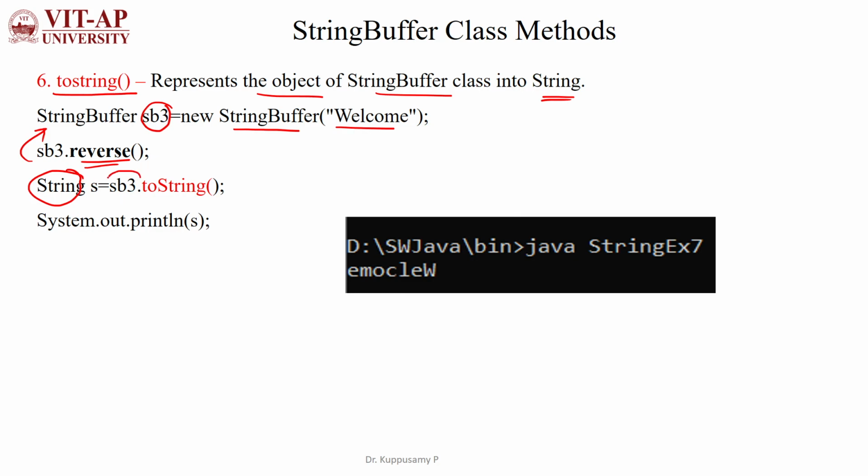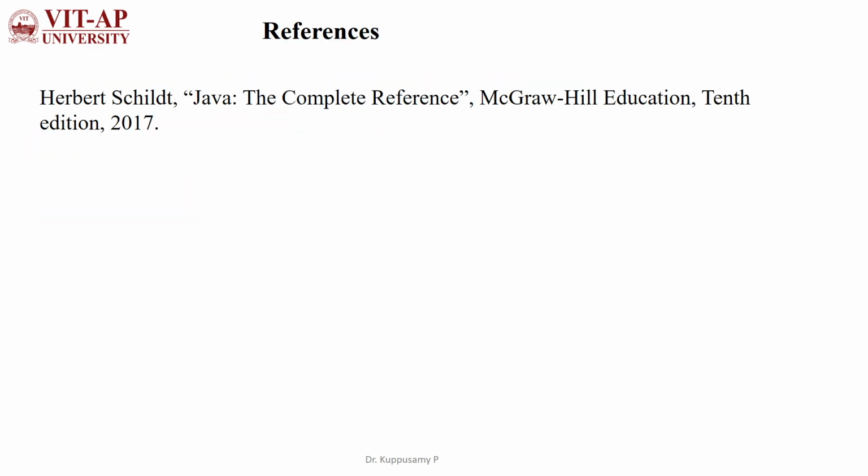So the value which is available in the string buffer class variable is converted into the primitive data type string by using the toString method. Then we are printing. So here after reversing, the value is shown here. So this toString is used to convert the string buffer class variable value into a normal primitive data type value.